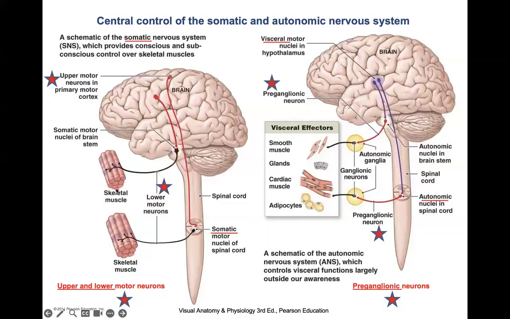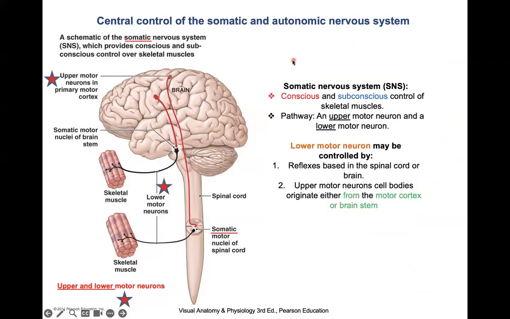You can see here the skeletal muscles. But again, the lower motor neuron may be somewhere here in any segment of the spinal cord. So the first neuron, the upper motor neuron, starts off at the motor cortex, and then it synapses on the lower motor neuron, either in the brainstem or in the spinal cord. So two neurons, upper motor neuron and lower motor neuron.